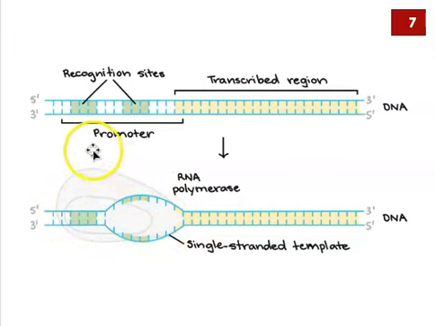And you'll see that it has come in and it has landed on the promoter in the regulatory region of this gene. It has split the double-stranded DNA molecule so that the strands are separated from each other. We're now at the end of the initiation phase, and we're ready to begin the second phase, which is elongation.